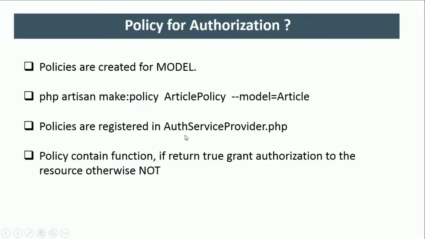A policy can be registered in the auth service provider. If the policy function returns true, then you are authorized, and if it returns false, then you are not authorized.